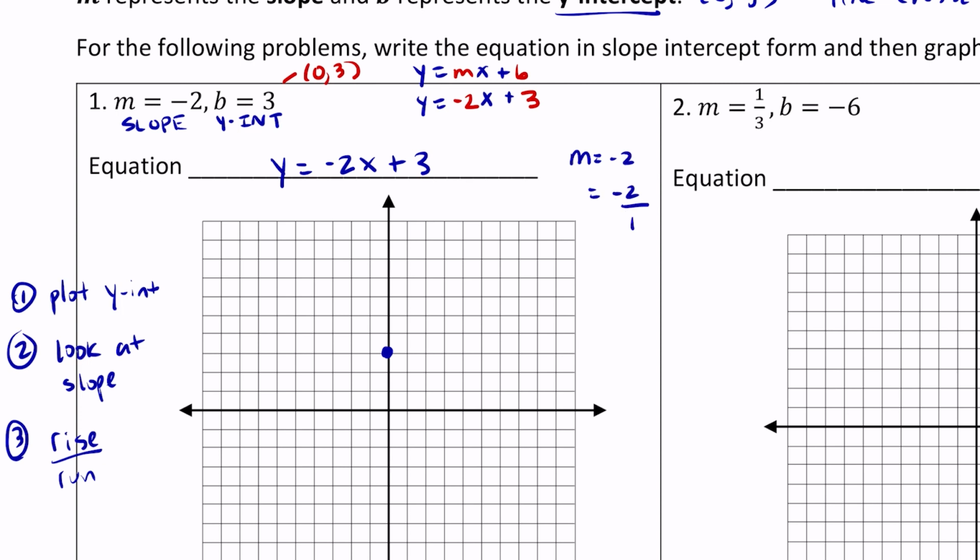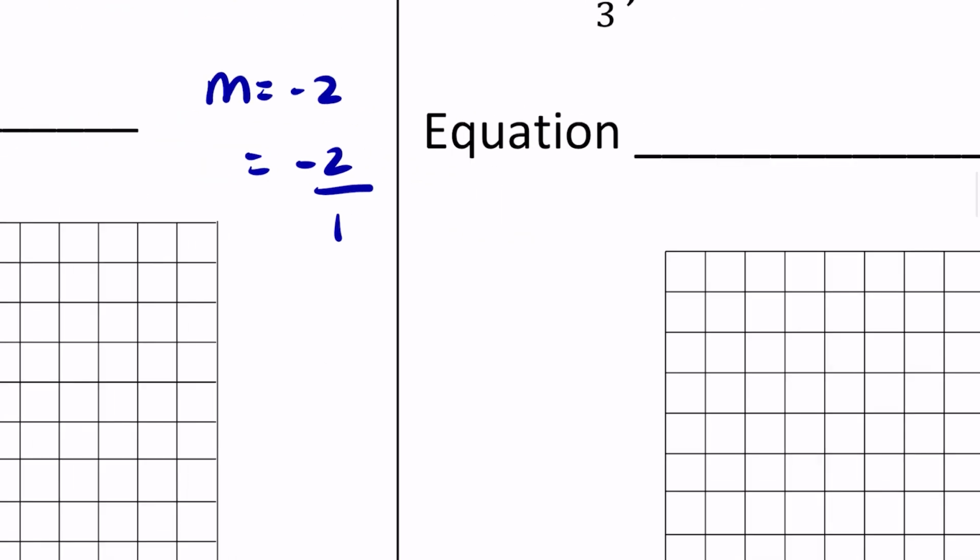Now if I look at this, since my slope is negative, if the slope is negative, y'all, that means that the line should look like this, okay? It looks negative, it's decreasing. So that means I need to go down 2, then I run 1, or run right 1.